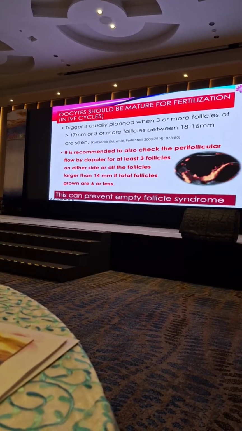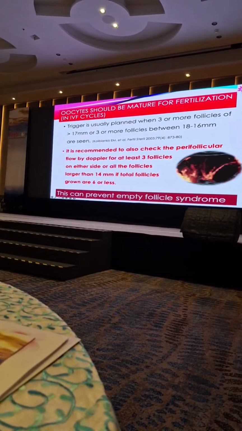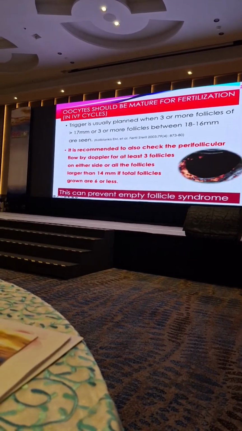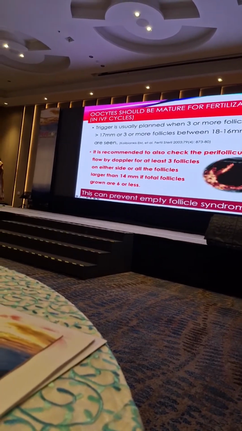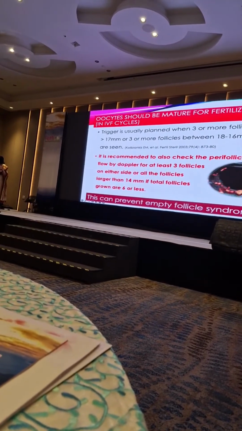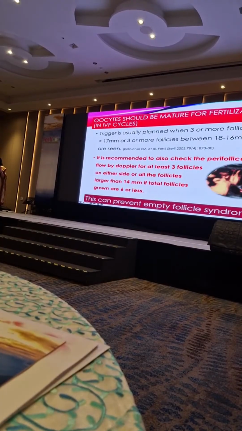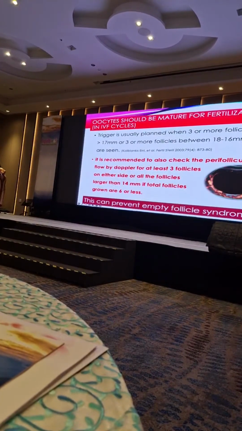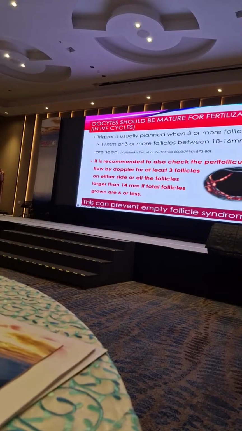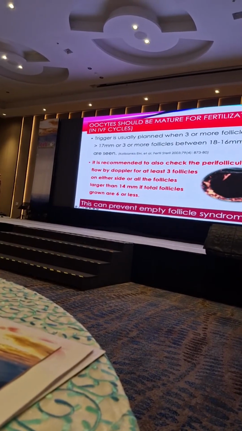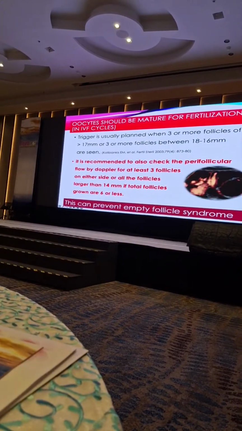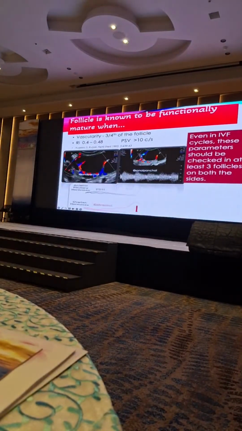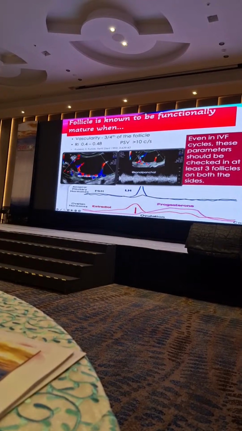So the functional empty follicle syndrome can be prevented if you're checking the blood flows before giving the trigger, because it is this blood flow which tells me that the LH receptors have started developing. And if the LH receptors are developed, there cannot be an empty follicle syndrome, because LH will then lead to meiosis.